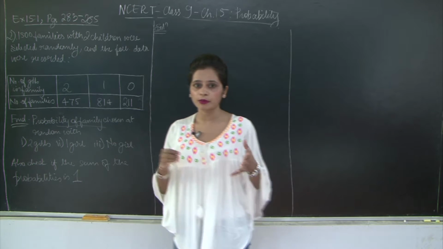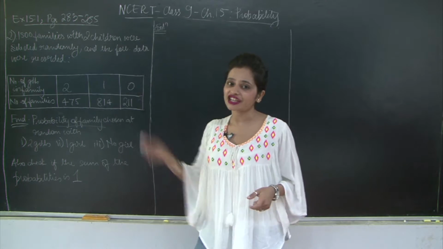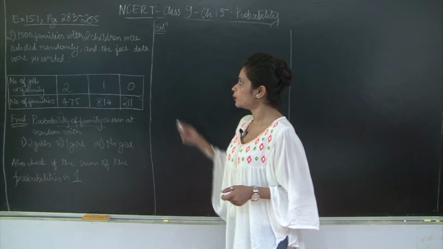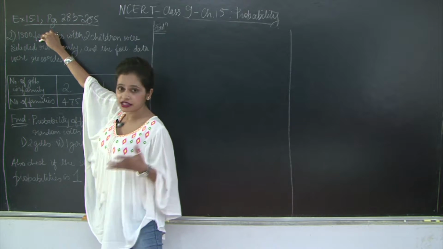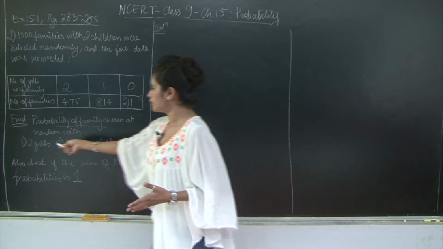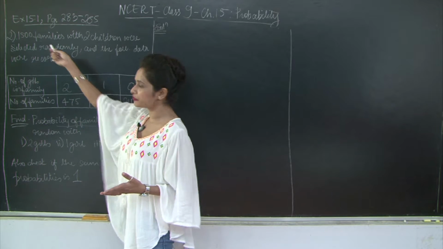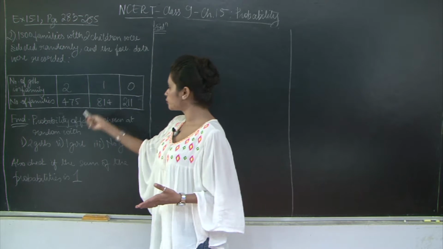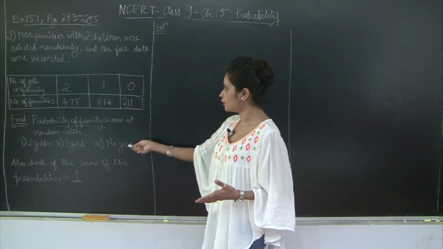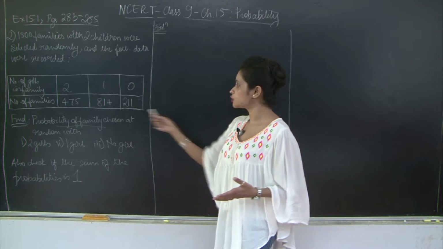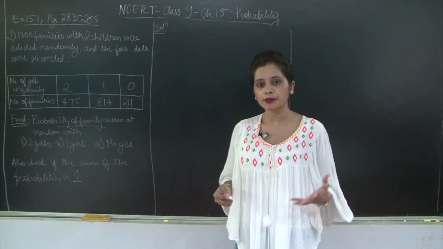Whenever we need to find the probability of something, we take its number in the numerator and the actual count in the denominator, which is 1500. So the total number of families is 1500, and families with 2 girls are 475. So this would be 475 upon 1500. Then for 1 girl, it would be 814 upon 1500, and finally for no girl, 211 upon 1500, and then we will check if the sum of the probabilities is 1.